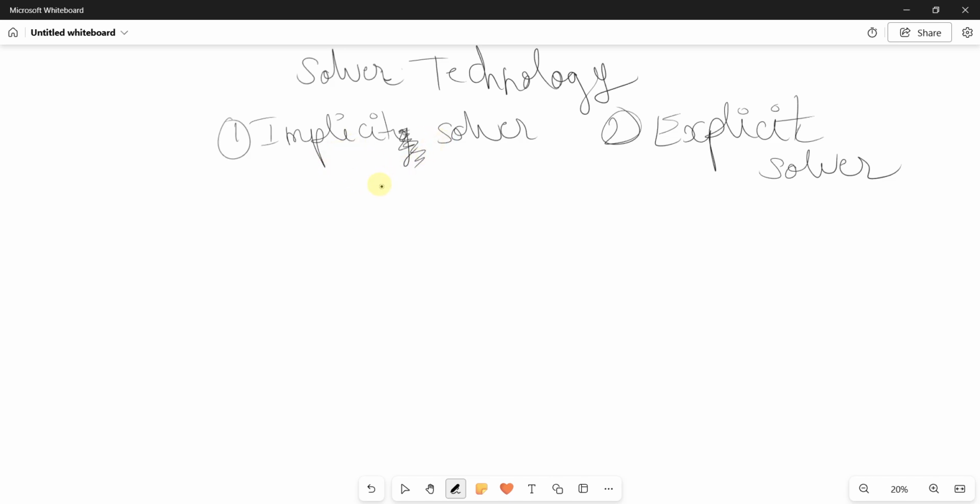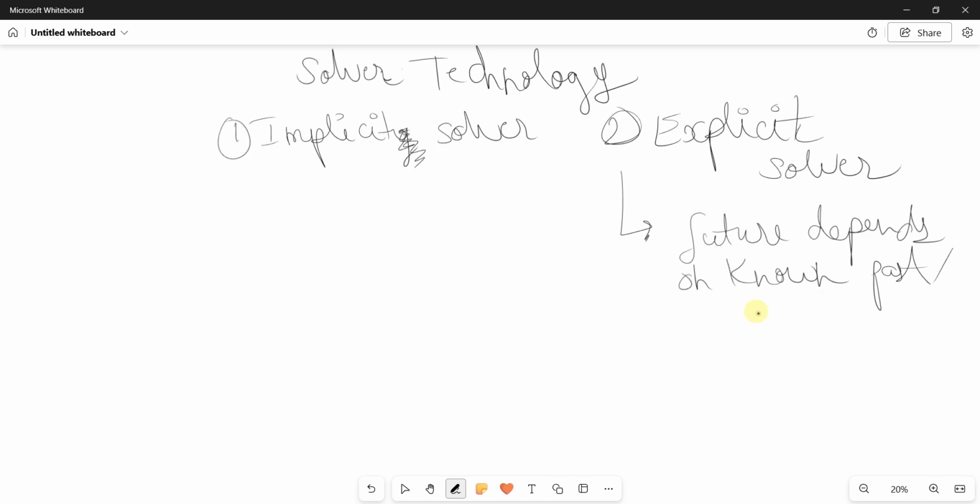So in your implicit solver, okay, first I'll talk about explicit solver. So explicit solver is your normal, how you would solve an equation, that is your future depends on known values, known past or present values, right?